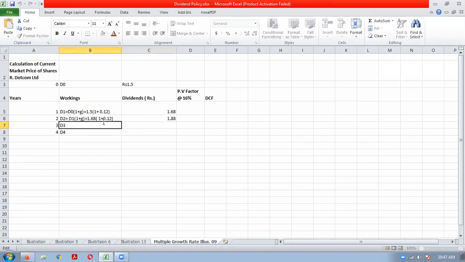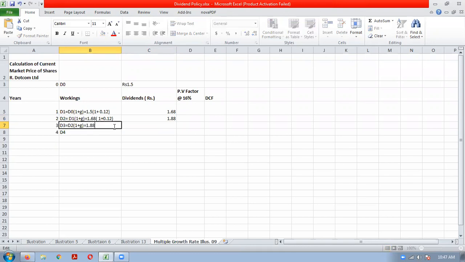Now D3 will be calculated on the basis of D2 into 1 plus G. Growth rate for the third year is how much? Growth rate is becoming 10 percentage. D2 is 1.88.